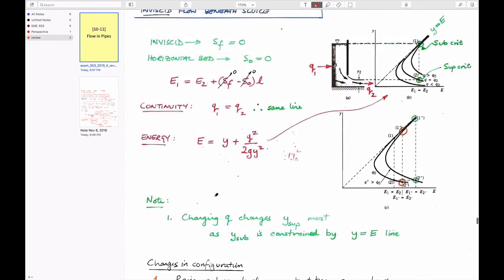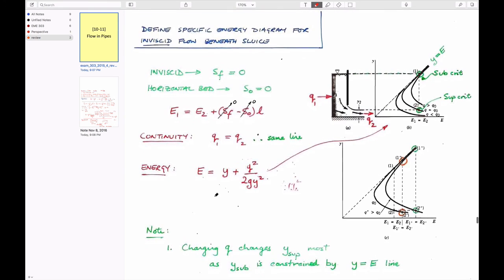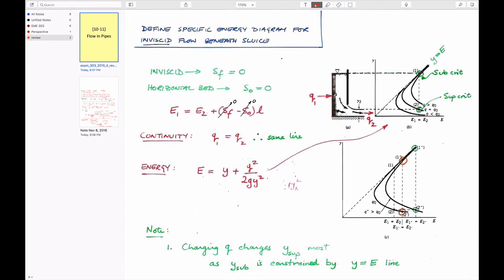And so we went through an example to be able to illustrate this of a horizontal bed with an upstream flow with a sluice put in it to be able to explain what's going on. And if the slope of the bed is horizontal and there's no energy loss within our system, then both of these terms go to 0.